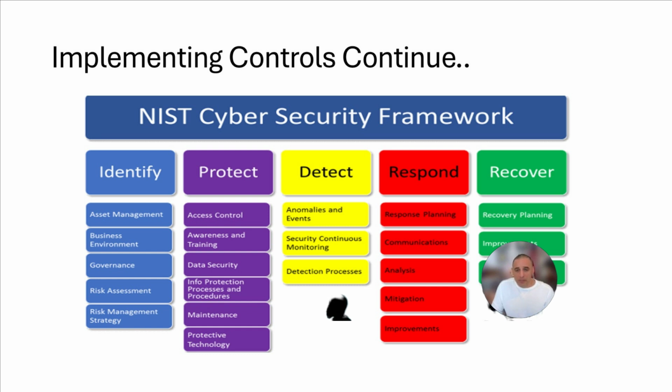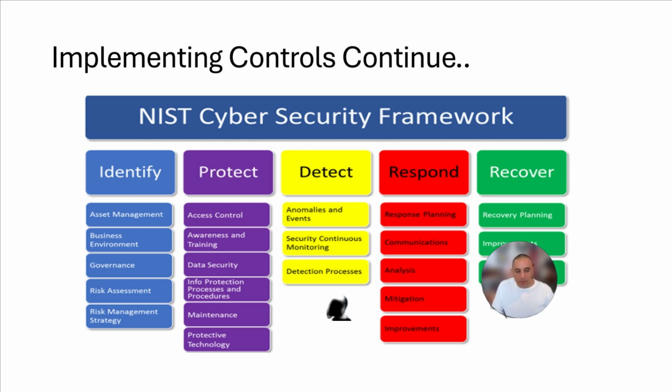Adjust control settings to meet the system's operational needs and security objectives. Document the implementation of each control, including configurations, settings, and rationale for any customization choices. Produce documents such as system security plans, security assessment reports, and configuration management documentation.